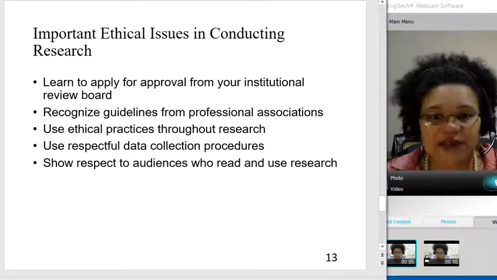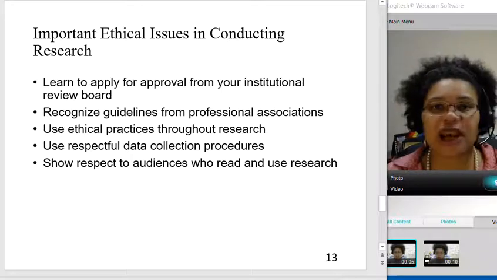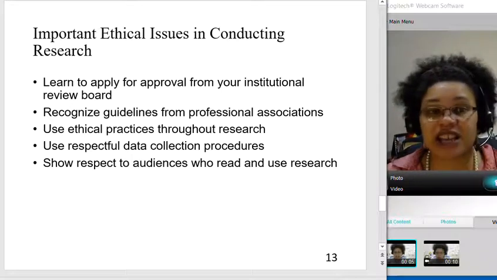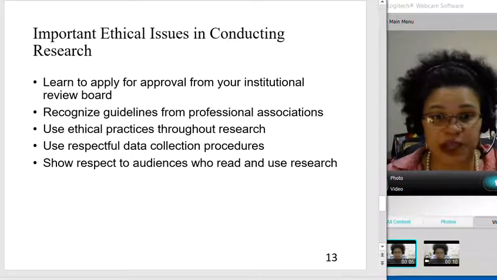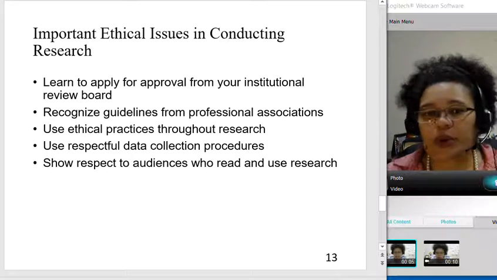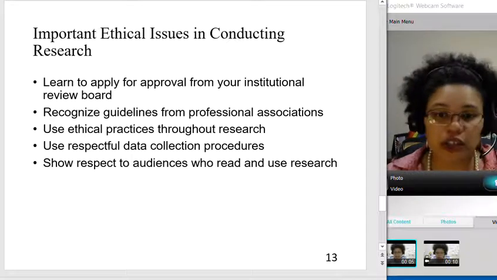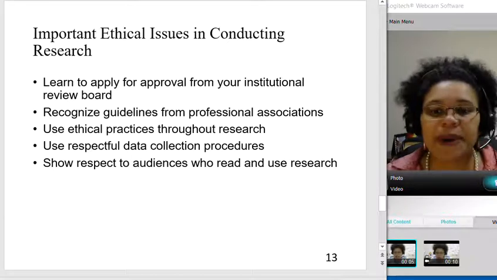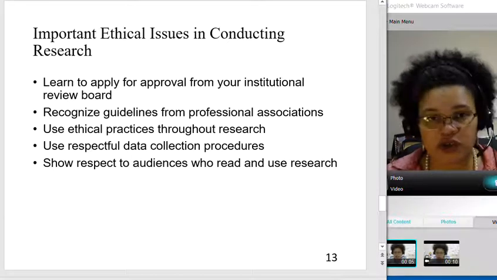There are guidelines from professional organizations. For educators, it's the American Educational Research Association, for example. Using ethical practices is important throughout the research, including respectful data collection procedures and showing respect to audiences who read and use the research.